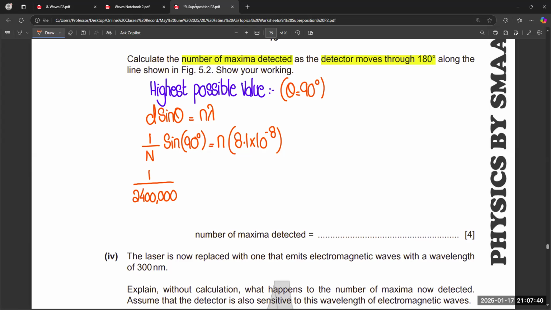So this is the method to convert your lines per centimeter or per millimeter into meters. We just need to write the number in the denominator and write down the prefix that is given in the question. Sine 90 is equal to 1.